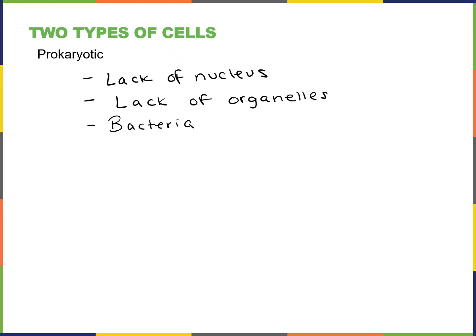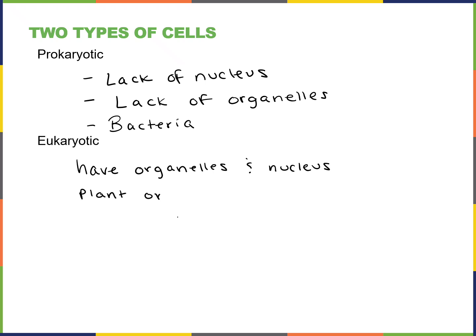Usually your prokaryotic cells will be bacteria. Eukaryotic cells will have organelles and a nucleus. And usually they will be plant or animal cells. Okay. Those are the main differences between those two.